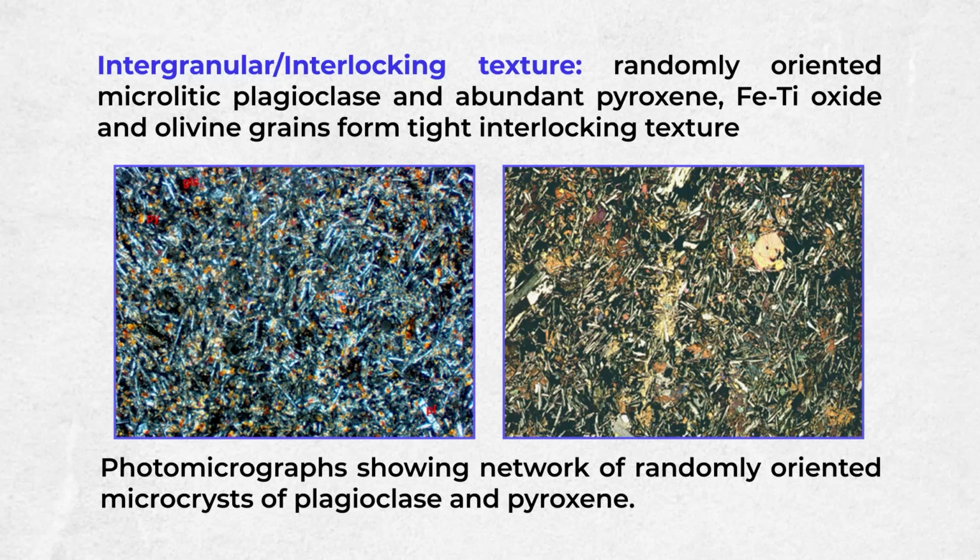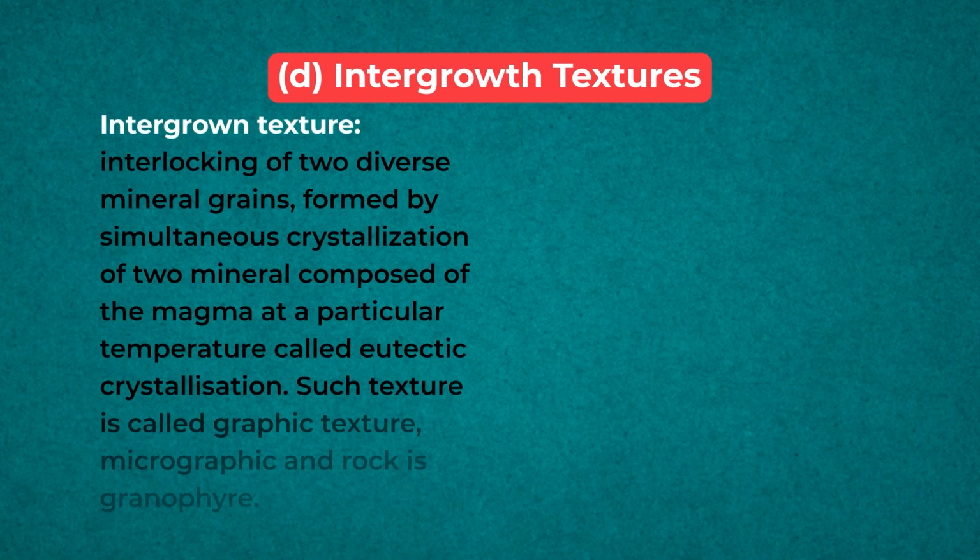Grey colored rod-like microlithic plagioclase is lying on my left hand side slide, and abundant pyroxene, iron oxide and olivine grains are found within the interspaces of these rod-like microlithic plagioclase grains. See here, on my right hand side, the next slide, the photomicrograph showing a network of randomly oriented microcrystals of plagioclase and pyroxenes.